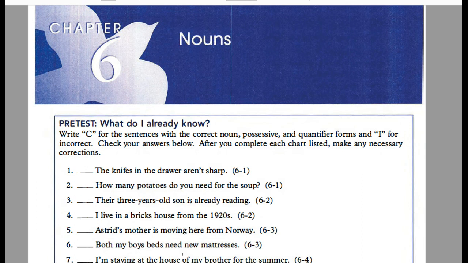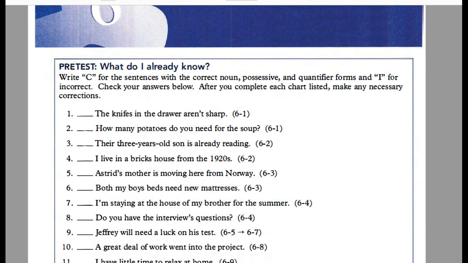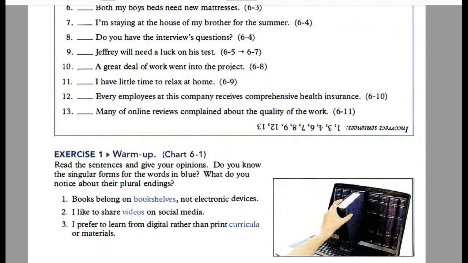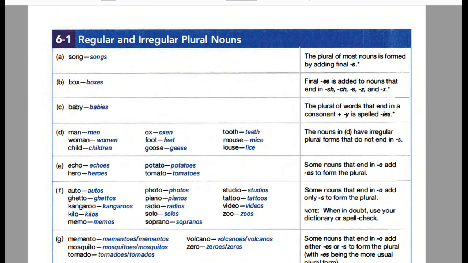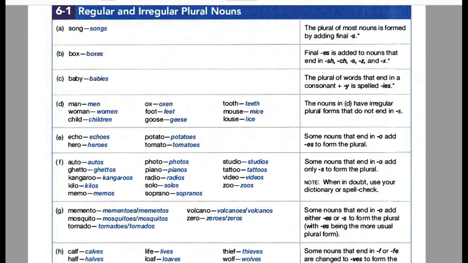Here we open the book again. The book has maybe 10 sections, and we are trying to finish some of them directly from the book. Section 1 covers regular and irregular plural nouns. I showed you previously in the slides, but here it's more detailed and you can see the examples.